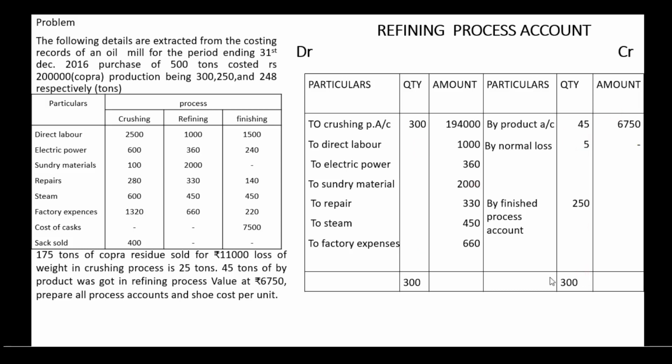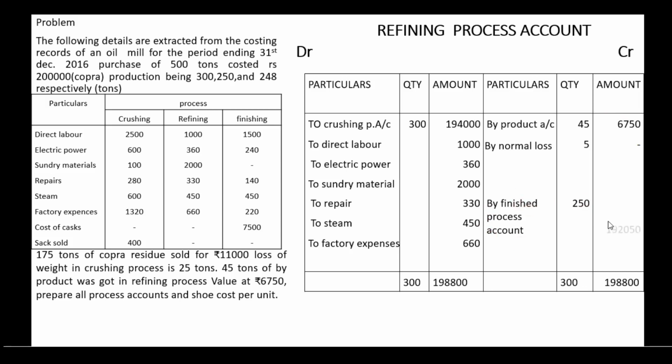Next we take the total of the amount in the debit side, that is 1,98,800. From this amount we deduct the value of the byproduct, that is 6,750 rupees. So now the balanced amount is transferred to the finished process account.